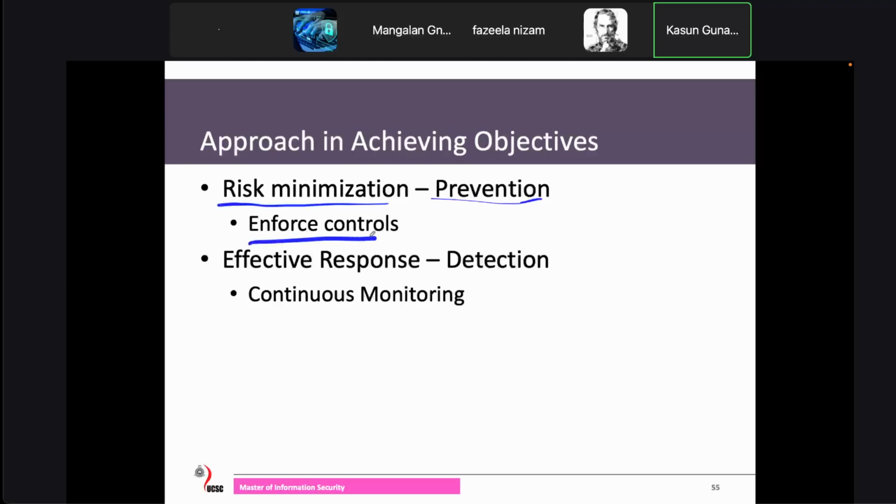So we can enforce controls. The second approach is effective response, where if something bad happens, then we have to detect it and effectively respond, right? So we have to continuously monitor it.